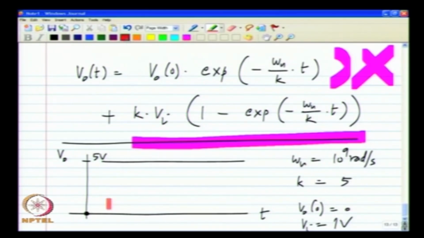So, the output will start from 0 and go as 1 minus exponential, and finally asymptotically reach 5 volts. So, if k equal to 5, then the output will reach 5 volt when the input is 1 volt, but it starts from 0 volts.